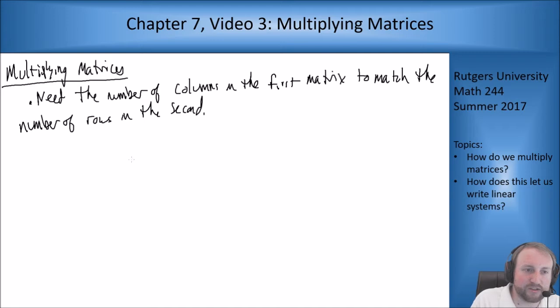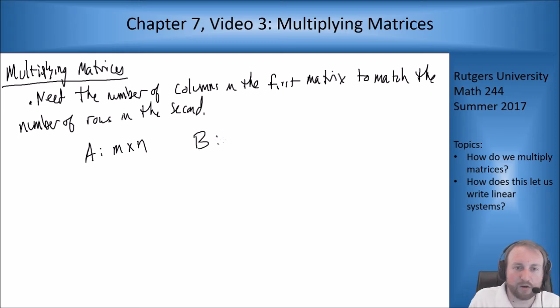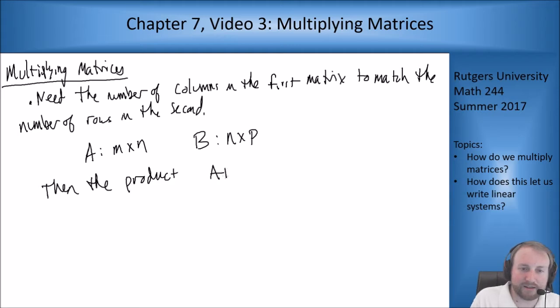So if I have a matrix A, which is an M by N matrix, and B, which is an N by P matrix, then the product, A times B, is an M by P matrix.